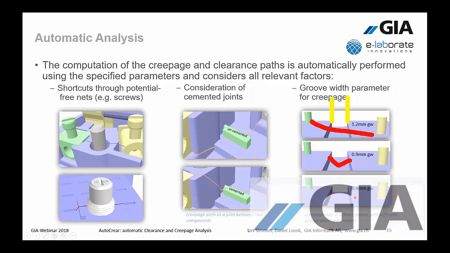And if the groove width is quite small, the path will be lengthened here in that way. So with this behavior, you're really able to analyze realistic paths of your creepage and clearance behavior.